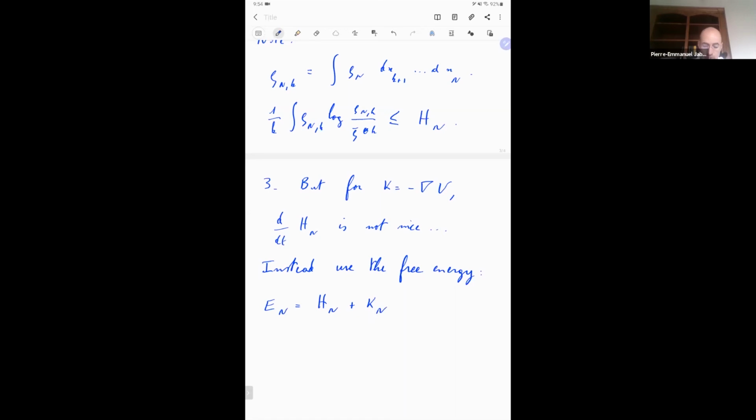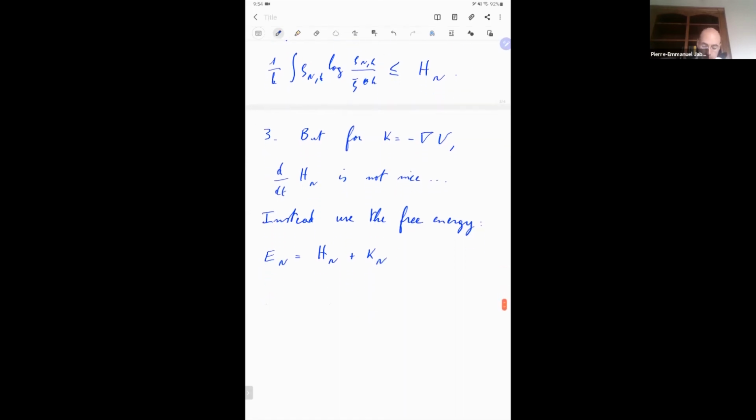So the free energy is entropy plus energy, right? No big surprise here. And the energy turns out to be, so what we are going to use here is, of course, the modulated energy.